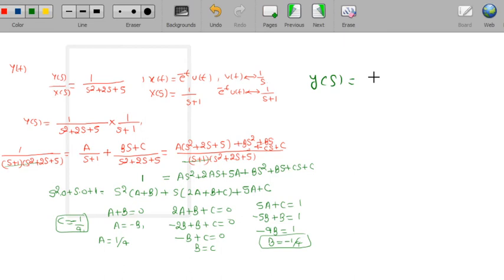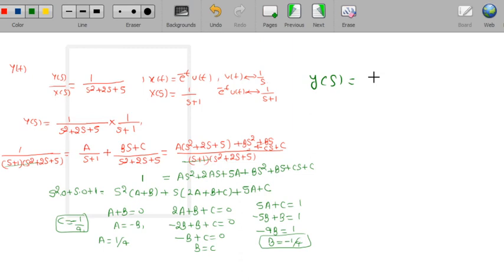Now this becomes 0.25 upon s plus 1 minus, here we divide by 2, so this becomes 0.125, and this becomes 2 of s upon s plus 1 whole square plus 2 square. Same here, this becomes 0.125.